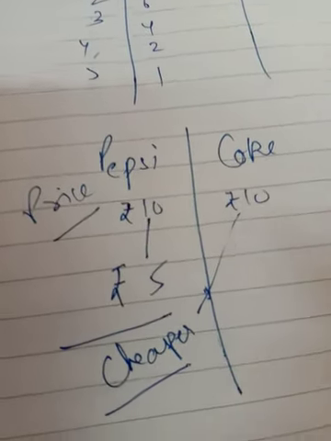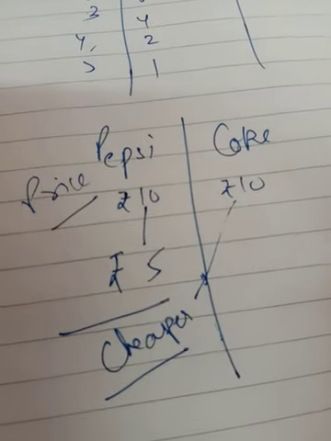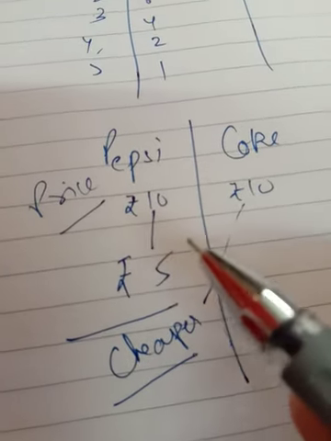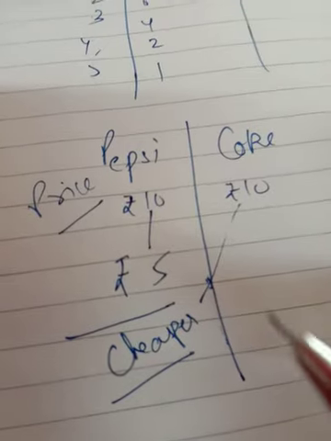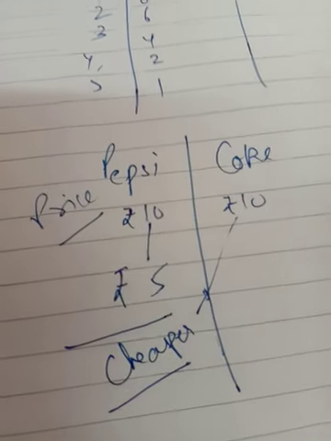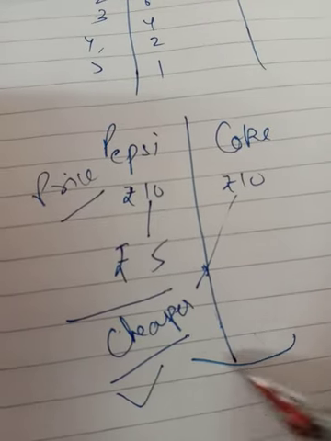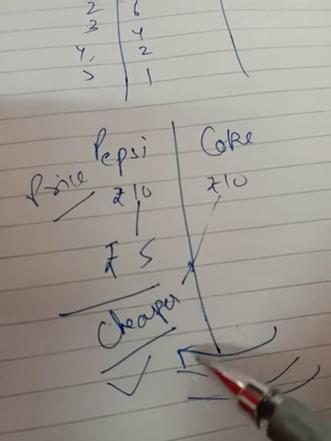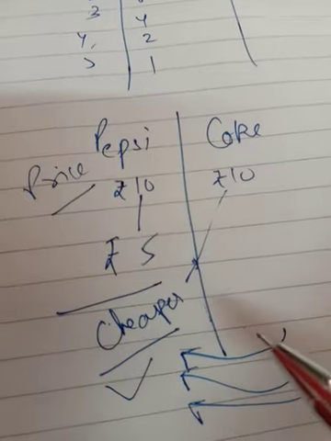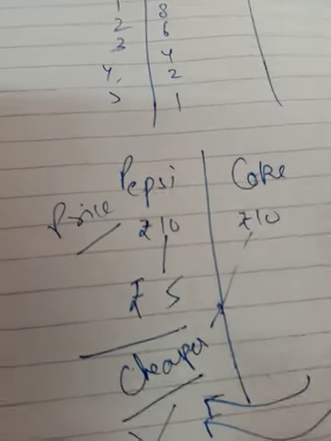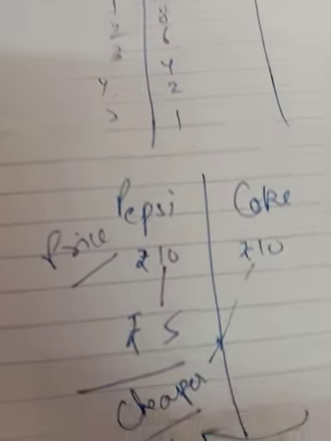This is the substitution effect. People are moving from Coke to Pepsi because it has become cheaper. When the substitution effect is stronger, people will move from one product to another. That means the substitution effect is stronger and positive over there.